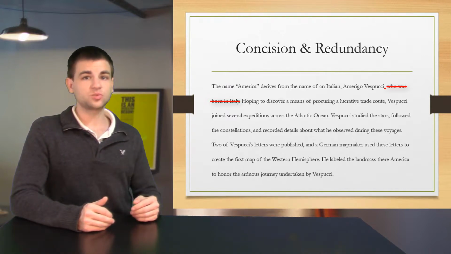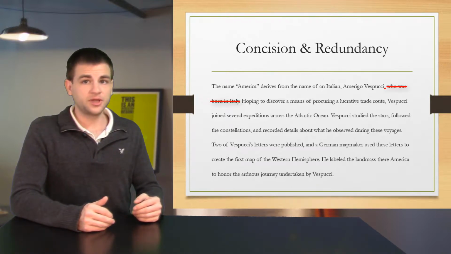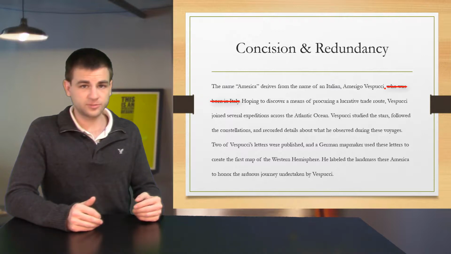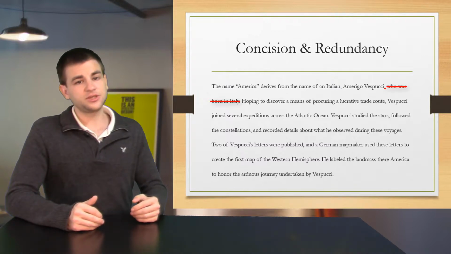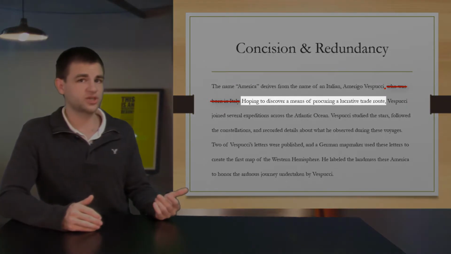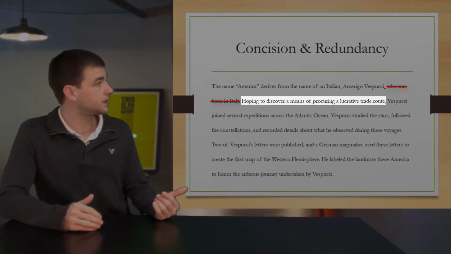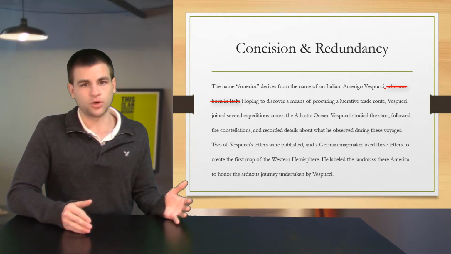All right, next we have, hoping to discover a means of procuring a lucrative trade route, Vespucci joined several expeditions across the Atlantic Ocean. And here we have this phrase, hoping to discover a means of procuring a lucrative trade route, which is very excessively wordy.